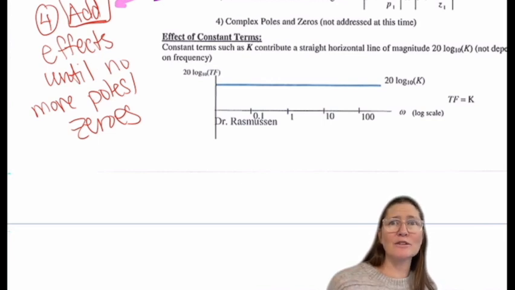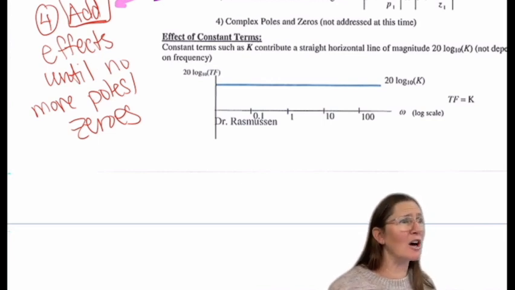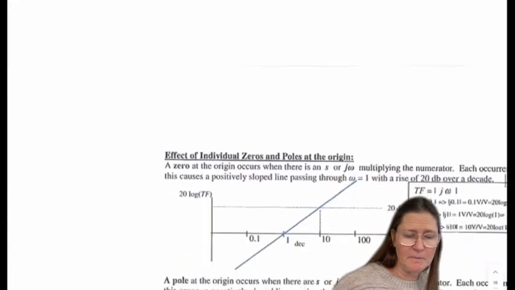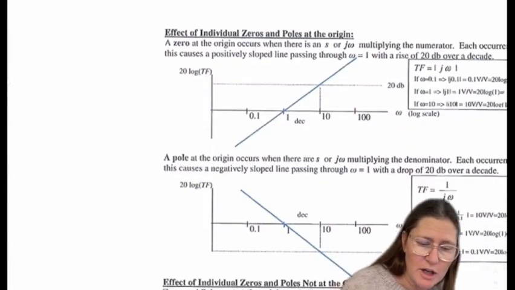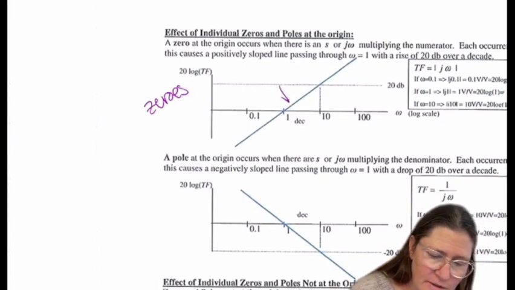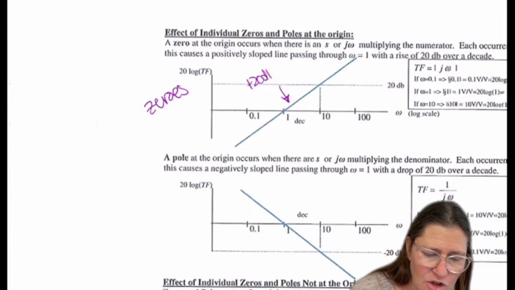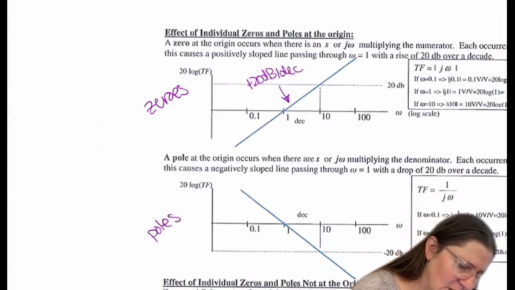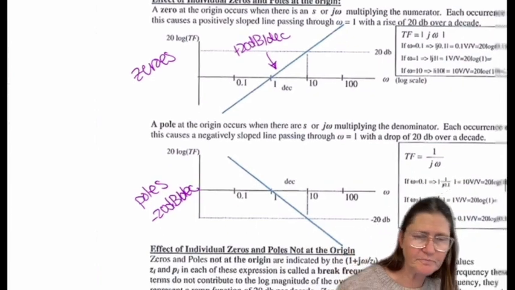You take 20 log of that, and it's going to be a fixed value over frequency. For a zero, you're always going to have a plus 20 dB per decade change. And for a pole, it's always going to be a minus 20 dB per decade change.